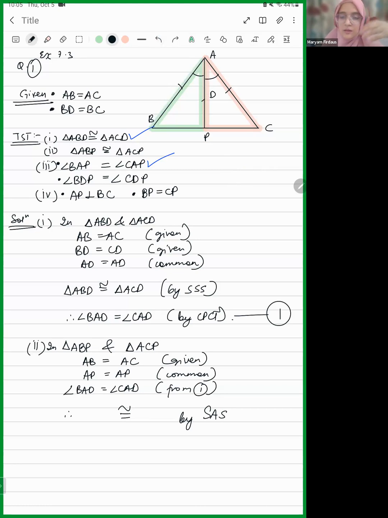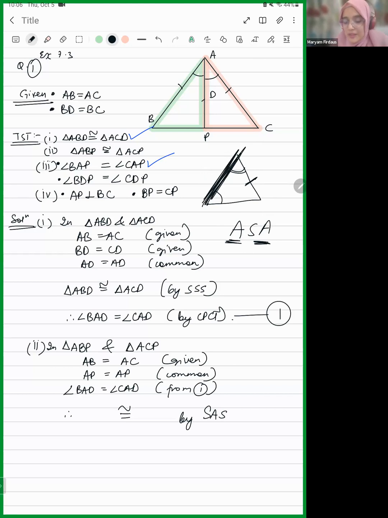Similarly, there is one more issue you might have. Let's say you have a triangle in which there is an angle, this angle, and this side. So is this AAS or ASA? AAS. Yes, because ASA means that this side is sandwiched between these two angles, right? So this side is supposed to be between those two angles.